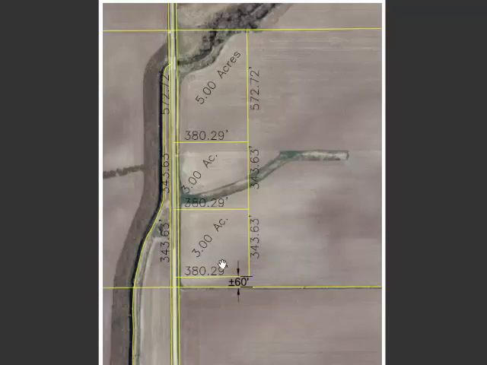You can see how this lays out on the aerial photo, and these aren't necessarily final dimensions, but they were approximate dimensions that we proposed to the landowner, and then from there final decisions were made that allowed us to proceed with our plat.